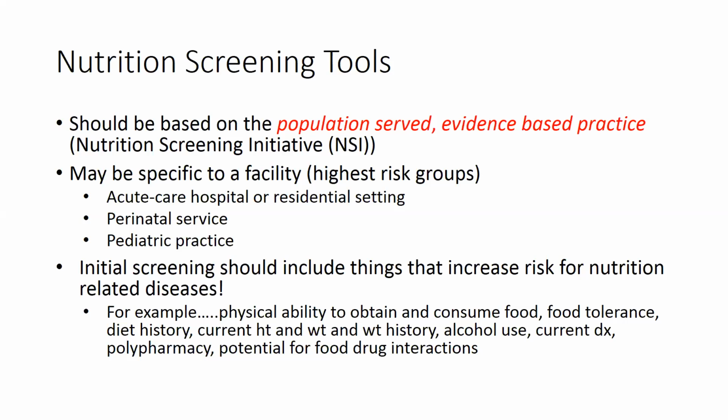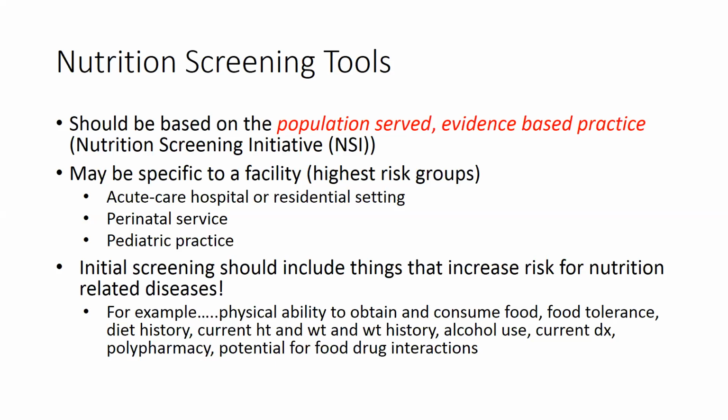The whole purpose of the Nutrition Screening Initiative was to do the research to make sure our screening tools are identifying those who need further assessment and that we're not missing anybody. So thinking about specificity and sensitivity of our screening tools.